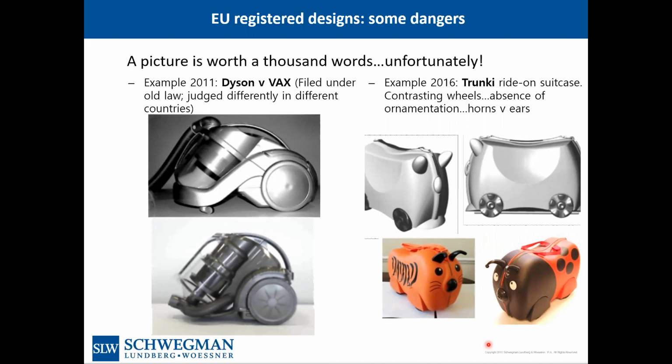Features, particularly, that were seen to be features of the design which were not taken in the accused product, were the overall impression of a horned animal as opposed to an animal with softer ears. The lack of surface decoration, which was seen to be part of this design, so the fact that it didn't show surface decoration when it could was taken to mean that there was a lack of surface decoration where the accused product had surface decoration.